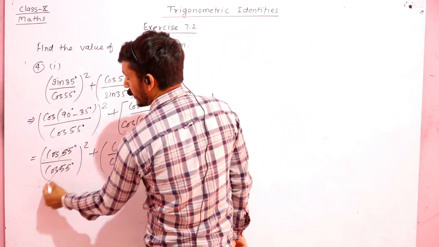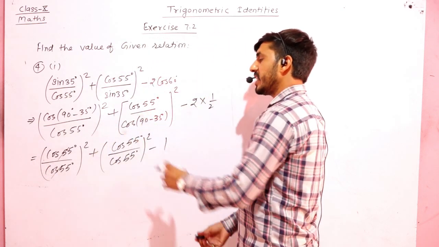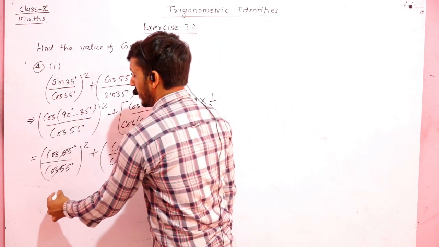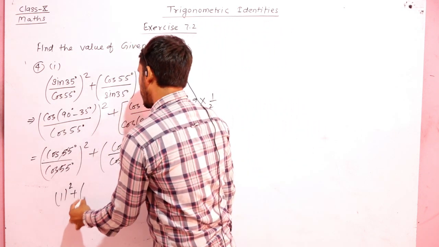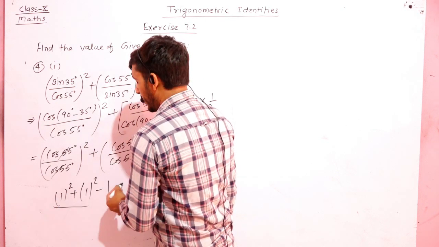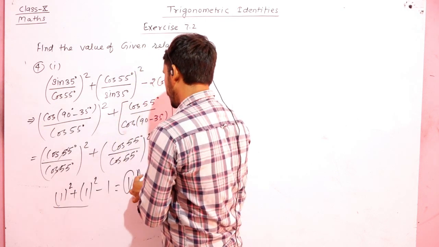So we can see here that cos 55 is cancelled by cos 55, so we obtain 1 square, and in the next step we also have 1 square and minus 1, so we can add 1 plus 1 minus 1, that is 1. The desired answer is 1.